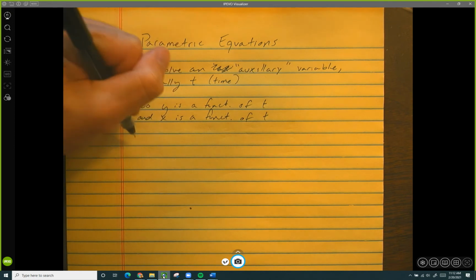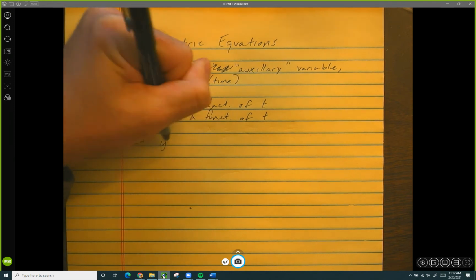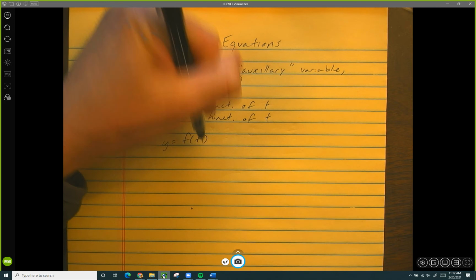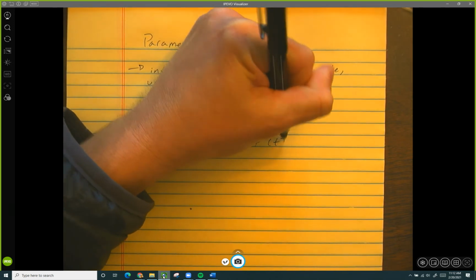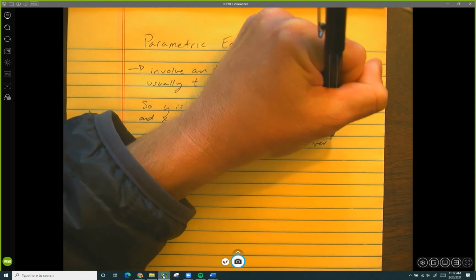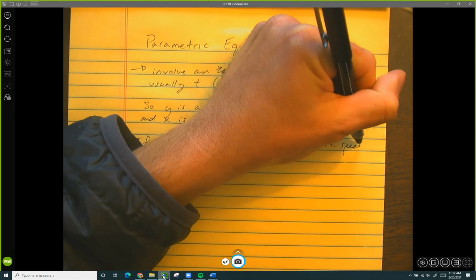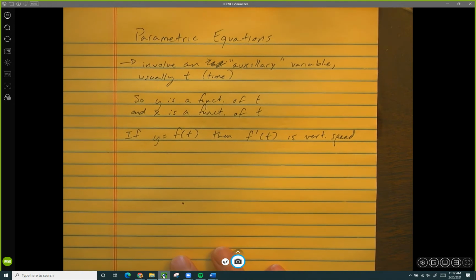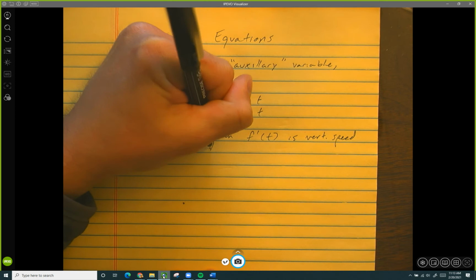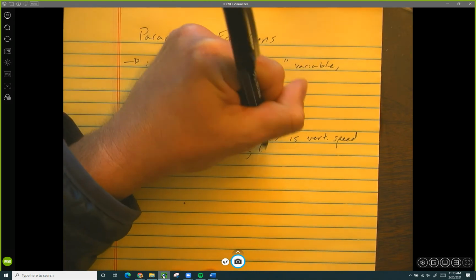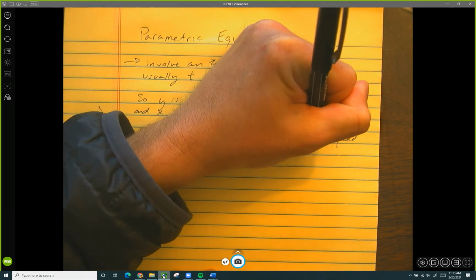So if y equals f of t, then f prime of t is vertical speed. And if x equals g of t, then g prime of t is horizontal speed.